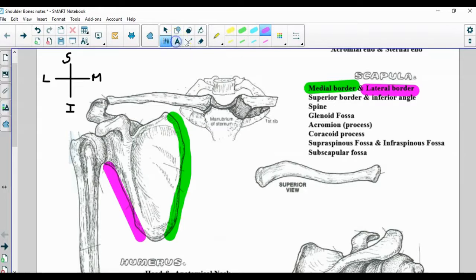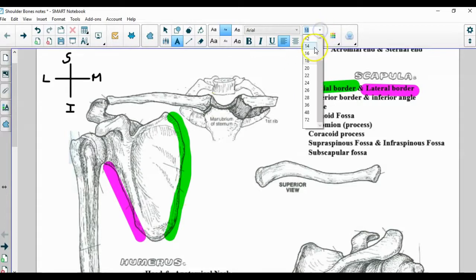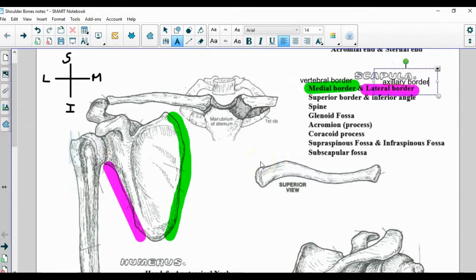Sometimes the medial border, this green side, is known as the vertebral border because it borders the vertebral column. And likewise the lateral border out here by the armpit is sometimes called the axillary border, and axillary we know means armpit. So those are alternative names for those two boundaries of the edges of the bone.